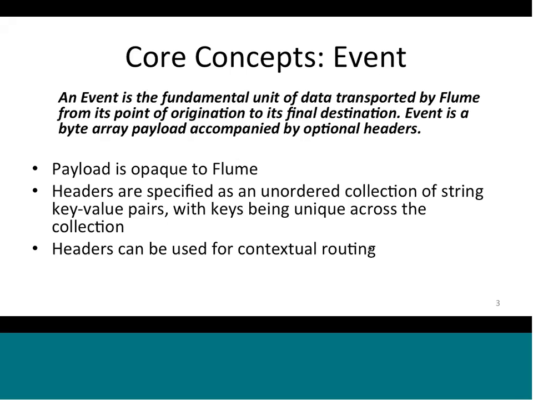Headers can be used for contextual routing. Actually, headers are mostly used for contextual routing. If the header says I'm an event of type this, I will be sent here versus here. So those kind of things can happen with events. That's the first concept in Flume, the concept of an event.